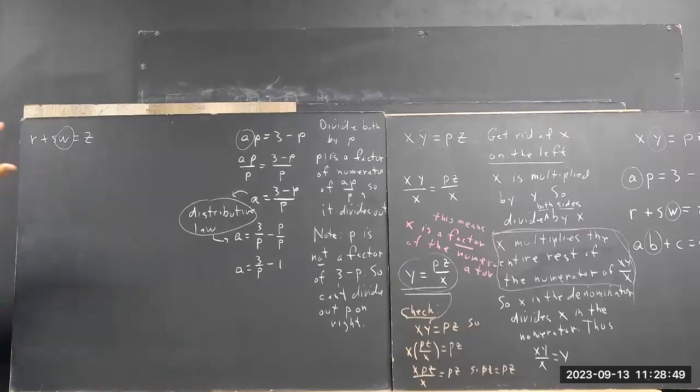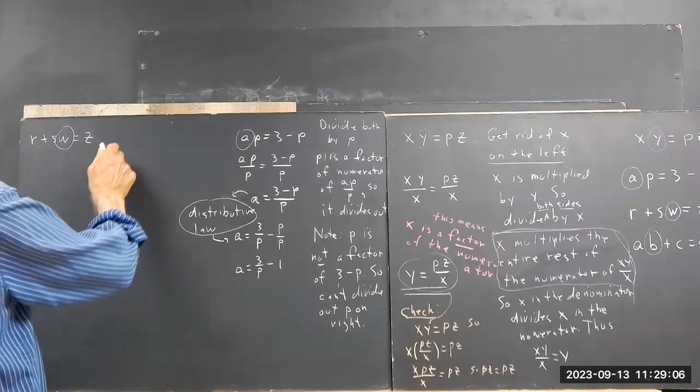I said last time, S is multiplied by W, and R is added to the expression with W. We get rid of additions and subtractions before we do multiplications and divisions, just like the order of operations.